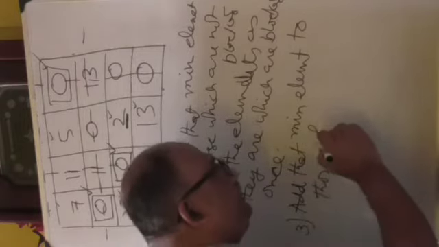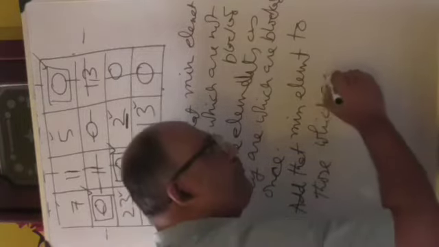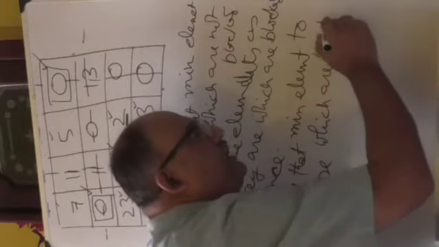to those elements which are blocked twice. So again I'll just try to explain. If you look at this board, there are 3 types of elements. Either the element is not blocked, or another type is whether the elements are blocked once.